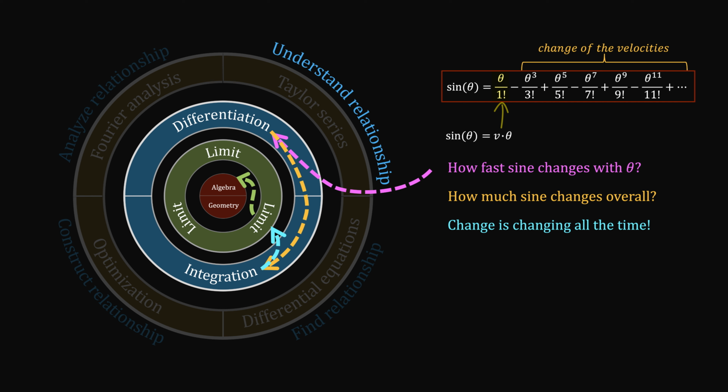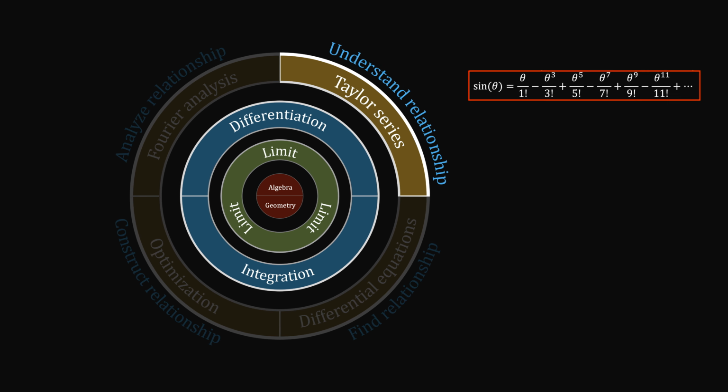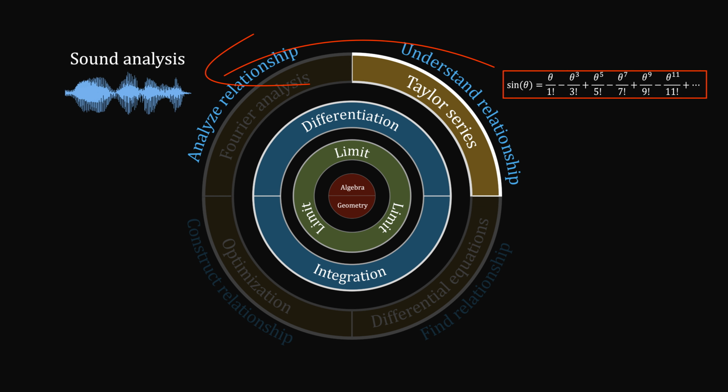Combining all these together, we will construct a Taylor series expansion that can compute sine for any angle. After you know how sine is computed, we will show how they are used to solve real-life problems. We will explain how it's used in sound analysis, particularly Fourier analysis.